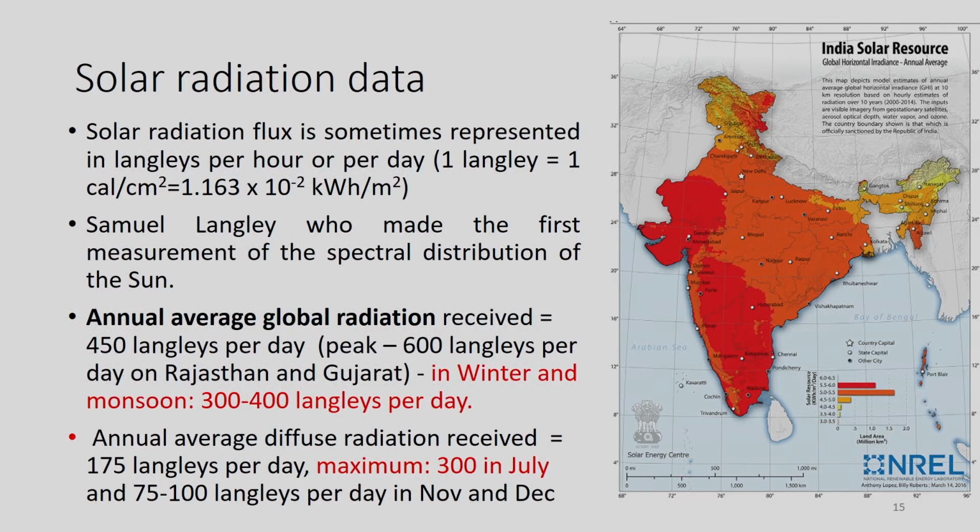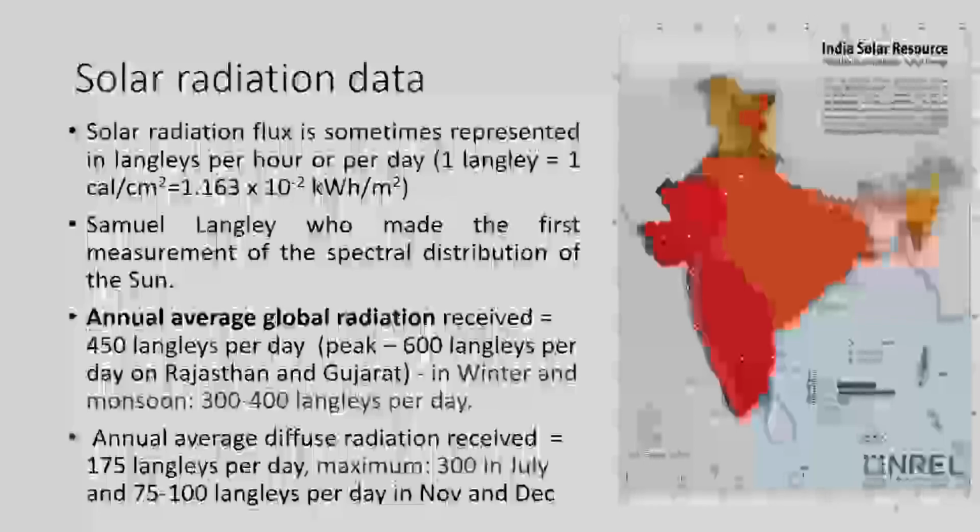Normally we use watt per meter square as a standard unit for solar radiation flux, but one very renowned scientist, Samuel Langley, made the first measurement of the spectral distribution of the sun. To honor his contributions, there is a unit called Langley, which is also used to represent solar radiation flux.